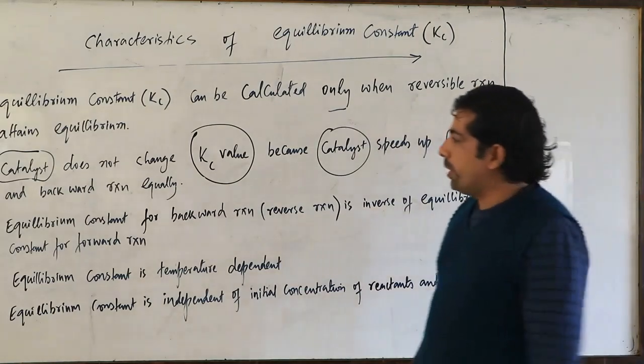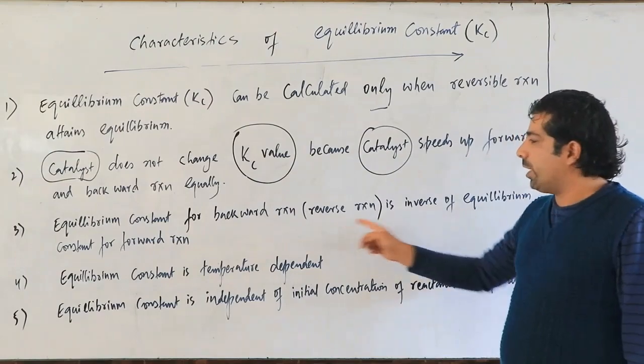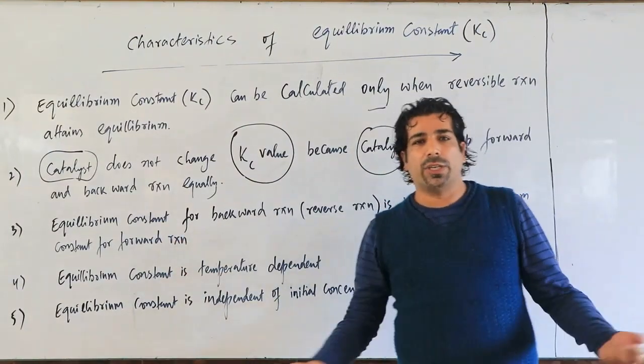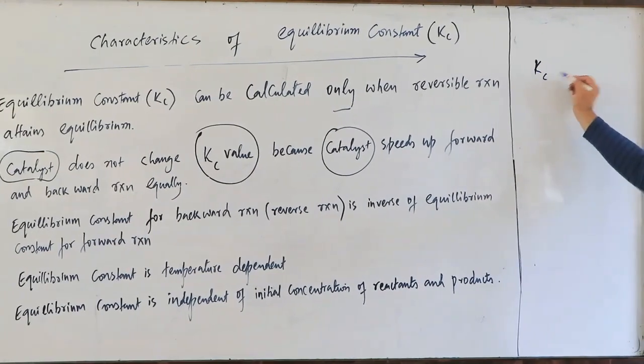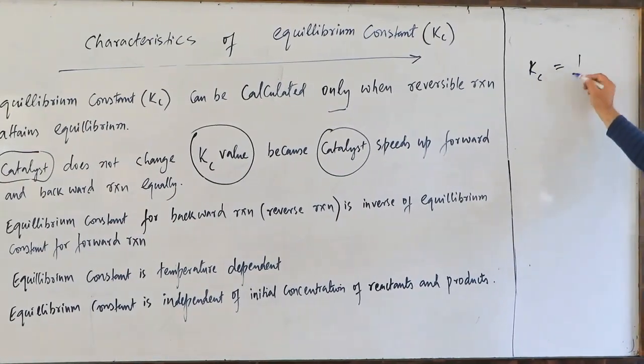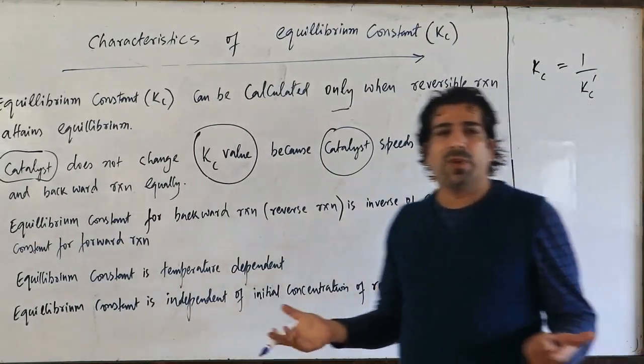So let's talk about now: the equilibrium constant for the backward reaction is the inverse of the equilibrium constant for the forward reaction. We have already done it, my dear friends, that the equilibrium constant for the forward reaction is the inverse of the equilibrium constant for the backward reaction. This relationship we have read.